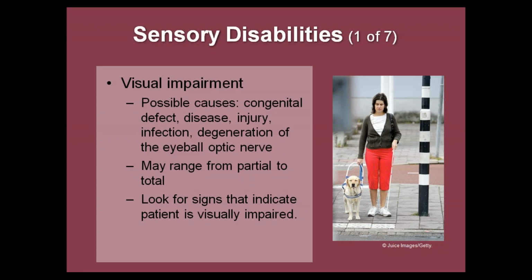It may range from a partial to a total blindness. So you could have somebody who has a partial blindness, whether in one eye or both eyes, and you're going to have to understand how to communicate with this individual. A person with a partial could be considered legally blind but still have some vision.